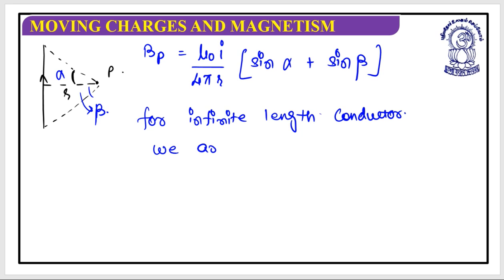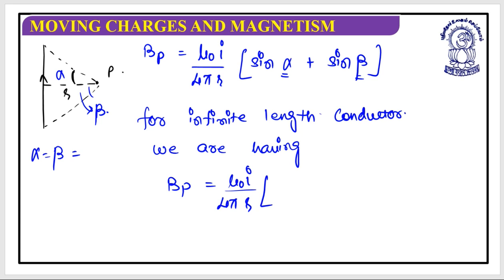For an infinite length conductor, the magnetic field at P will be mu naught I by 4 pi r into the bracket, where alpha and beta should both be 90 degrees when we consider it infinite. This is sine 90 degrees plus sine 90 degrees, which is 1 plus 1, 2.